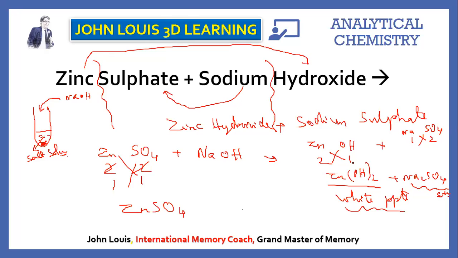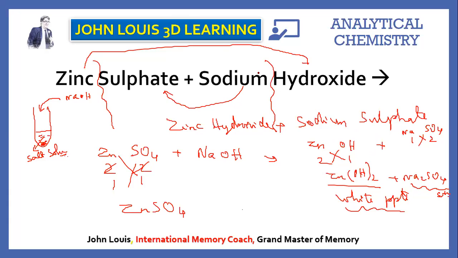If you go on adding excess sodium hydroxide, calcium hydroxide white precipitate will remain a solid white precipitate, whereas the white solid precipitate of zinc hydroxide dissolves and turns into a clear solution when we add excess sodium hydroxide solution. Clear? Clear or not? Yes, sir. When calcium and zinc come, we need to perform one additional test. We have to add excess sodium hydroxide and see.